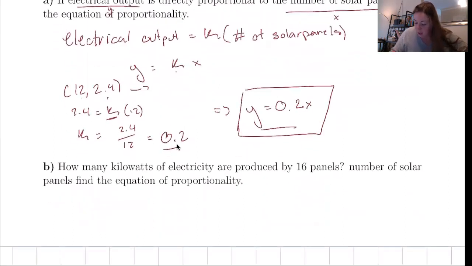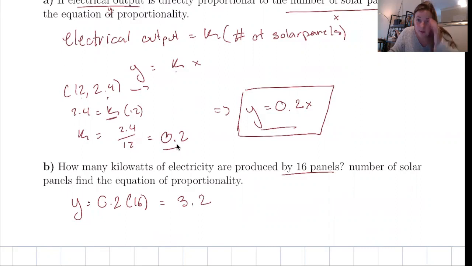Beautiful. Then I can use that to find how much electricity is produced by just 16 panels. So I do y equals 0.2 times 16, remember the number of panels is my x, and I think that should give me 3.2.